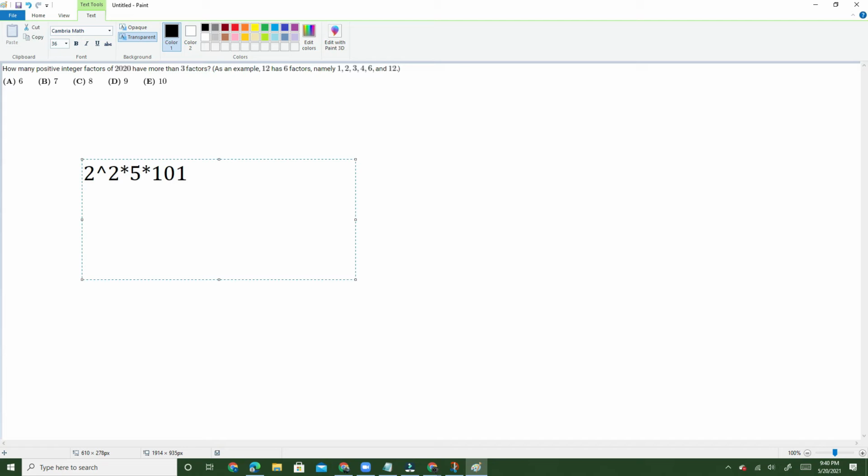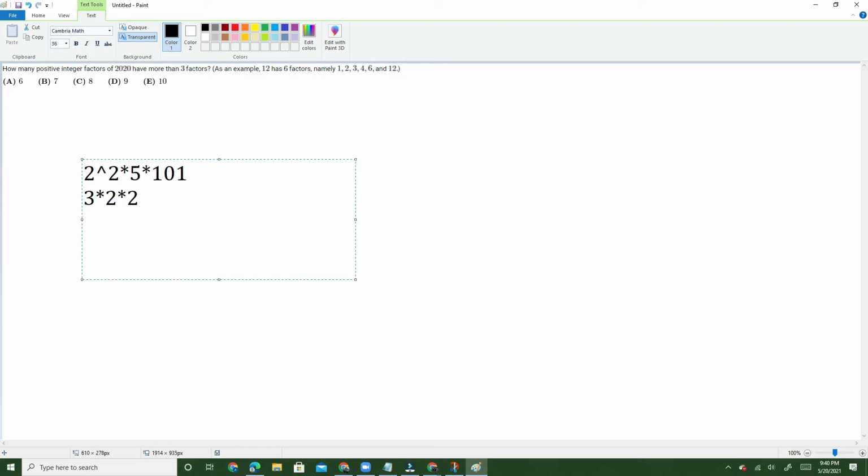When we add 1 to 2 squared's exponent, we'll get 3. Then we have to multiply it by the exponent of 5 plus 1. 5's exponent will be 1 in this case, because 5 to the 1 is 5, so we multiply by 2. And same for 101, it has an exponent of 1, so also multiply by 2.